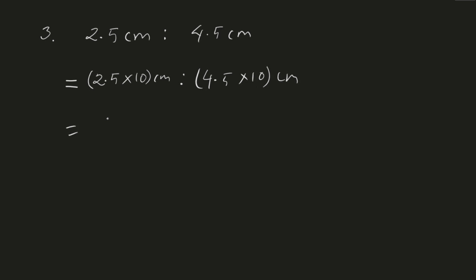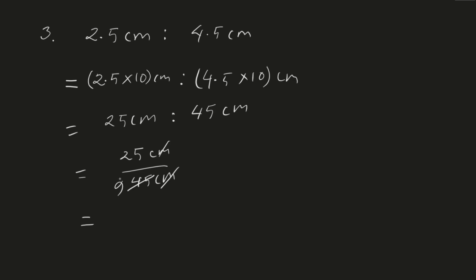So what we get is 25 centimeter to 45 centimeter. Now just write it down in fraction format, 25 cm over 45 cm. Now reduce it, cm cancel, and both are divisible by 5. So 5 9s are 45, and 5 5s are 25. So our answer would be 5 over 9, right?